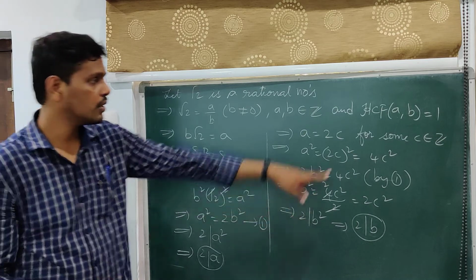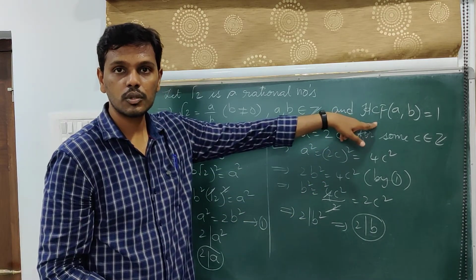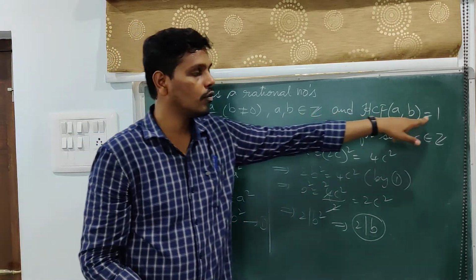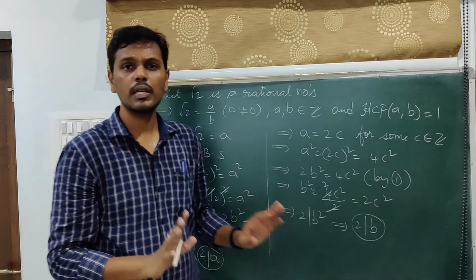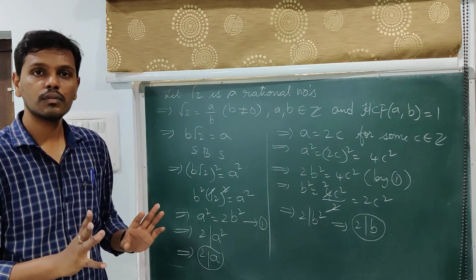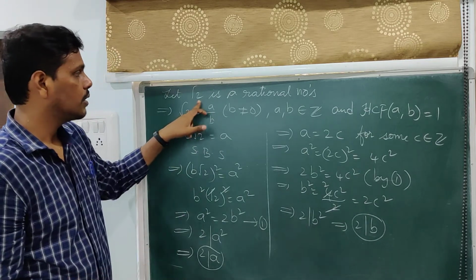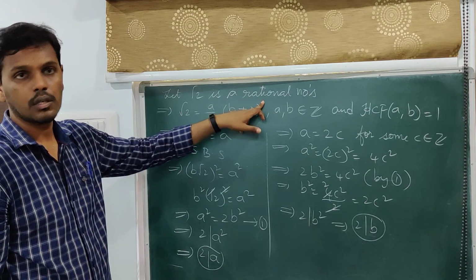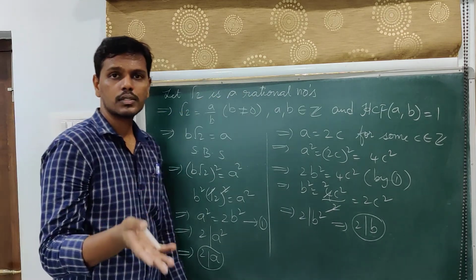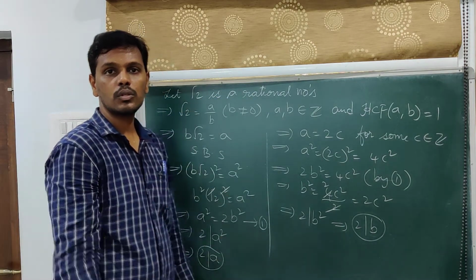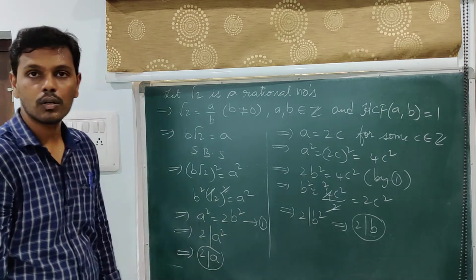Now this is a contradiction to this statement, that is HCF of a and b is equal to 1. So this contradiction has arisen because we have assumed something wrong. The assumption which we have made wrong is that root 2 is rational. If that assumption is wrong, then the correct assumption would have been root 2 is irrational. So that is what we conclude.